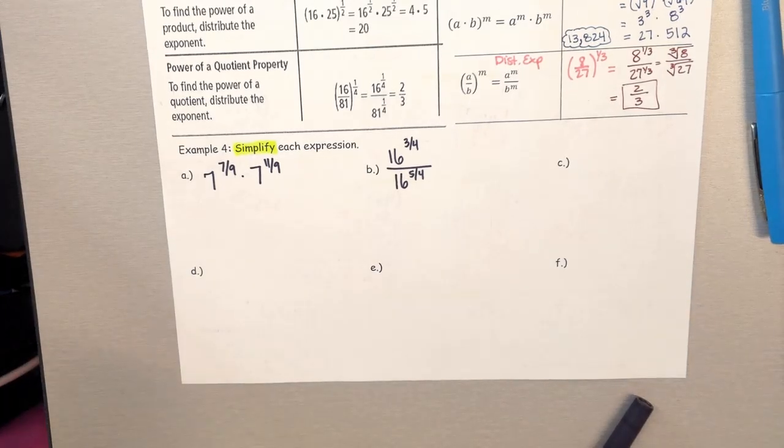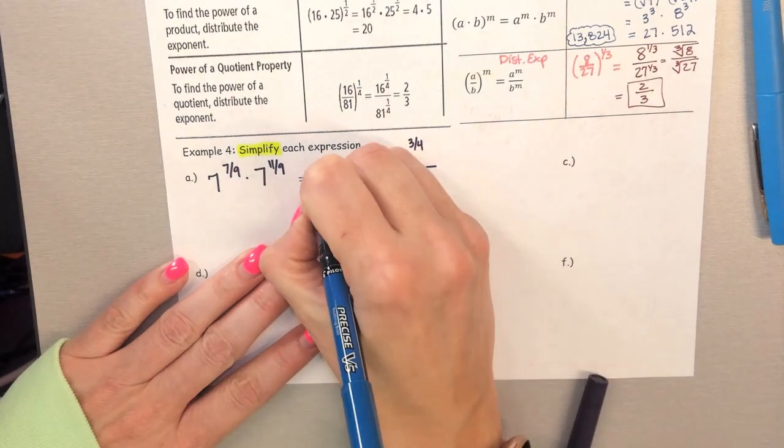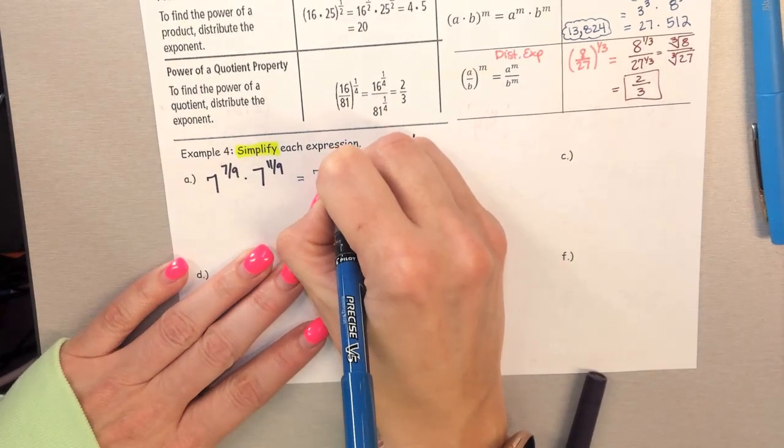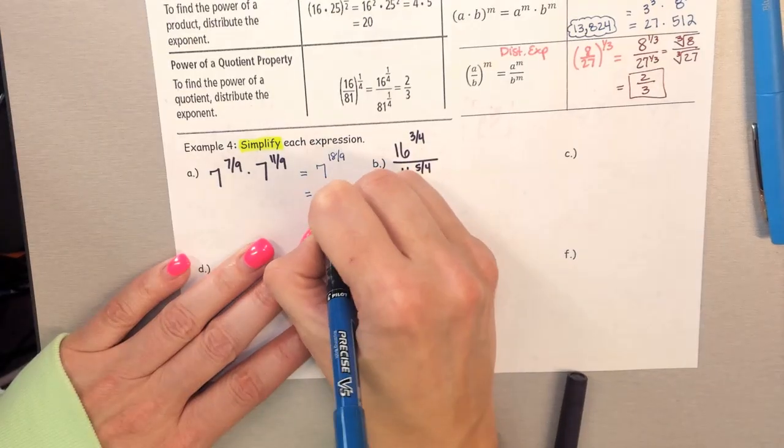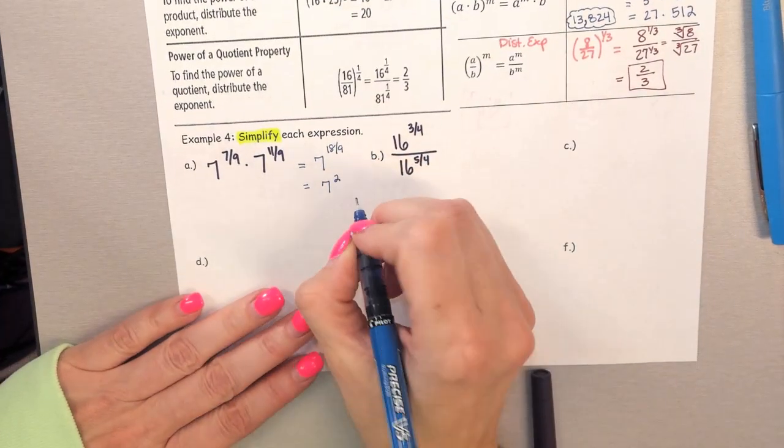Add, yep. So 7/9 plus 11/9 is 18/9, and 18 divided by 9 is 2, and 7 squared is 49.